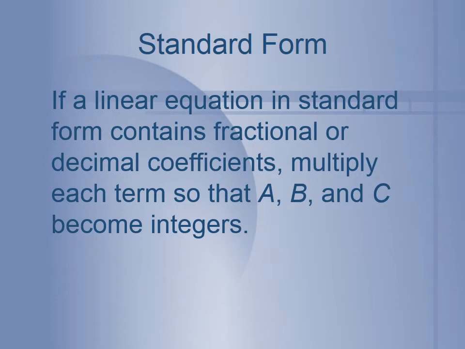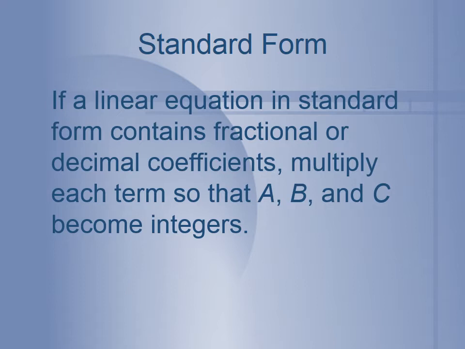Another thing about the standard form is that it usually does not have a fraction, okay? If it has a fraction, you're going to multiply every term by that denominator to clear the denominator, and that way a, b, and c become integers, right?